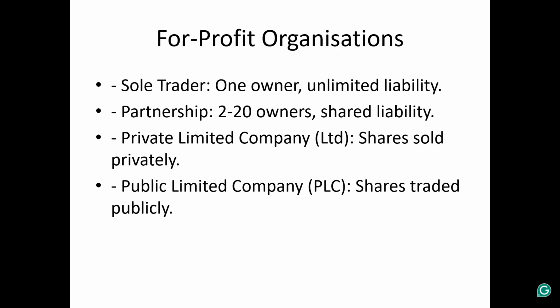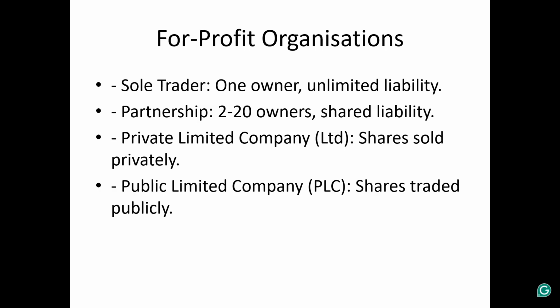So we have one type of organization which is for profit. This is typically private sector, as they obviously want to make profits on their business. They also have, for example, partnerships where you have 2 to 20 owners where they all have shared liability.